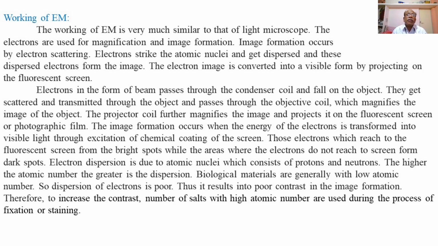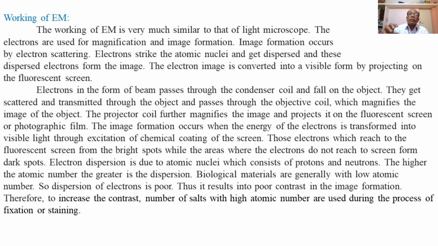So electrons in the form of a beam pass through the condenser coil and fall onto the object. Then the electrons get scattered and transmitted through the object and pass through the objective coils, which then magnify the image of the object.